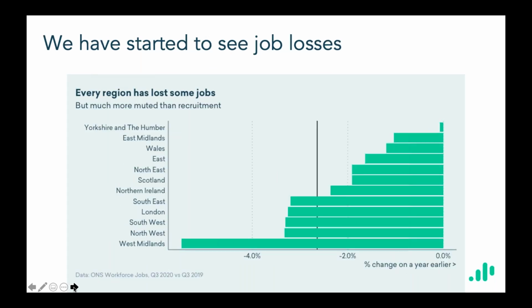What we also saw towards the end of 2020, from Q3 onwards, was that this ongoing labour market disruption was beginning to show through as actual job losses, with redundancies, albeit perhaps not to any disastrous levels as yet in the grand scheme of things, most likely because of the ongoing support via the furlough scheme and other support packages available. But we are starting to see actual job losses, unfortunately, in all areas.